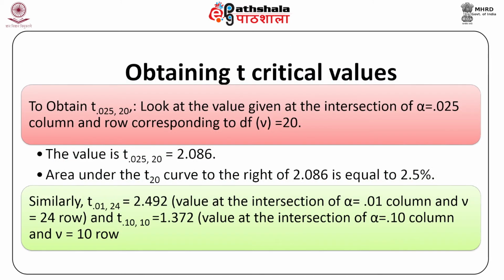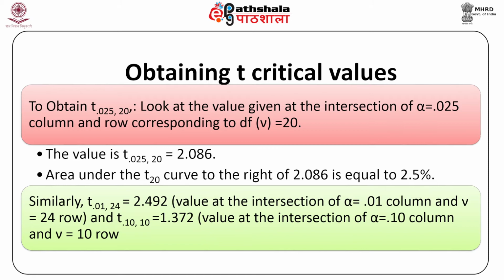So to obtain t 0.025, 20, which means t value for 20 degrees of freedom and alpha value being 0.025, we look at the value given at the intersection of the alpha equal to 0.025 column and the row corresponding to degrees of freedom nu equal to 20.